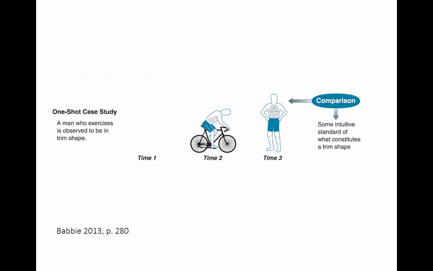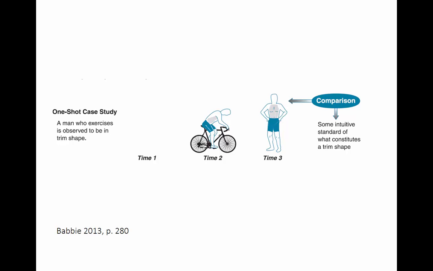What do I know? Remember from the lecture that we had about causation, coincidence, and so on, when we observe that this guy is in good shape, we cannot really say that exercise makes him healthy. Why? Because we have nothing to compare it with. Maybe everybody is just in good shape. So we need to have some comparison, and that's what these experimental designs are all about.